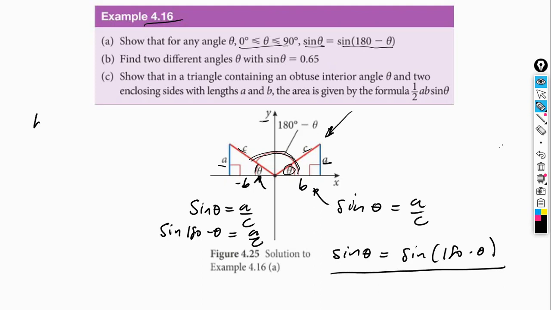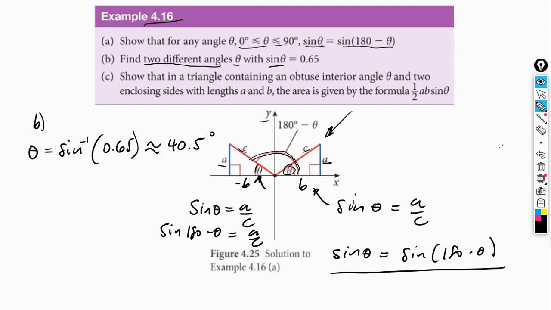Now for part B, it says find two different angles theta with sine of theta equal to 0.65. So they're not giving us the angle, we have to find the angle theta. So notice that theta is equal to the inverse sine of 0.65. If you plug that into the calculator, it's going to give you approximately 40.5 degrees, and this is rounded to 3 significant figures.